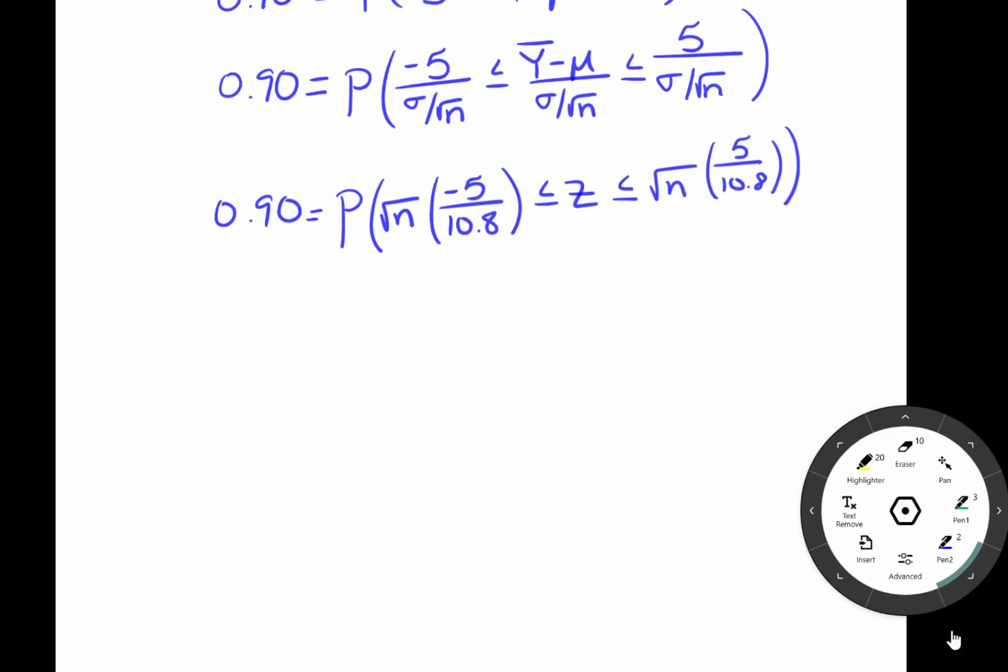So now what I need is notice that these endpoints are the same with the exception of the negative sign here.